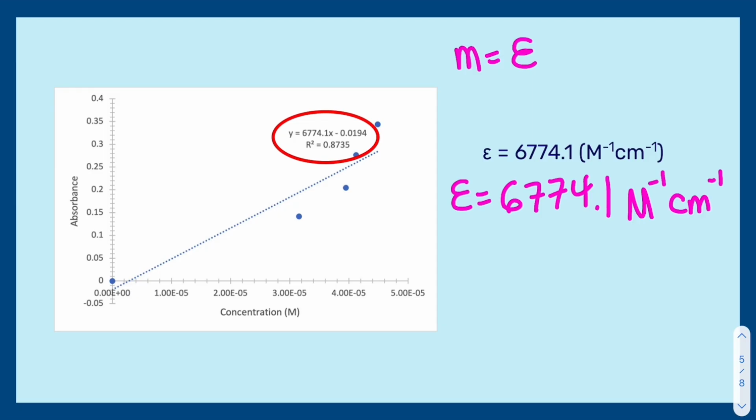Just a note, even if the trendline doesn't go through 0, like we have here, the y-intercept is just experimental noise, and it does not go into the calculation of epsilon. Remember that the slope is just epsilon, and you do not have to worry about any y-intercepts or making that work with your equation. It's simply the slope of the trendline.